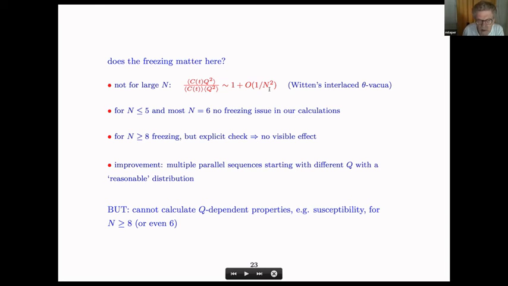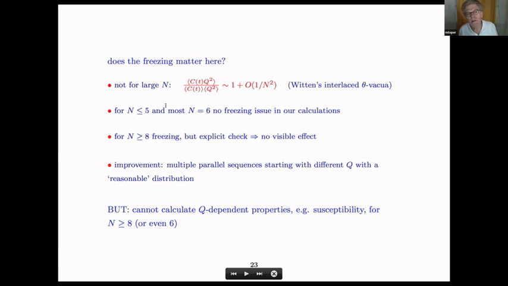So in other words, the correlation between Q and the correlator disappears as you go to large n because of the interlaced theta, because of this 2 pi n periodicity of the individual vacuum on which you're sitting at theta equals 0.